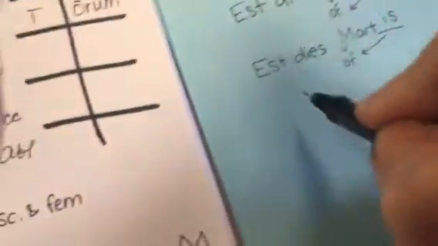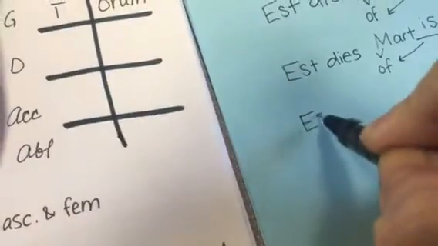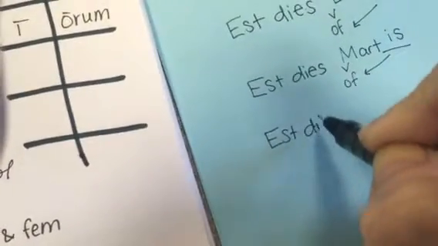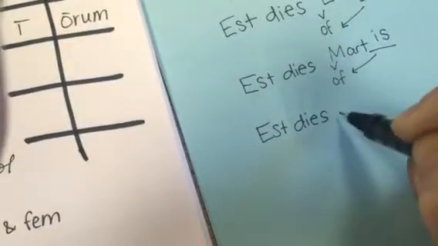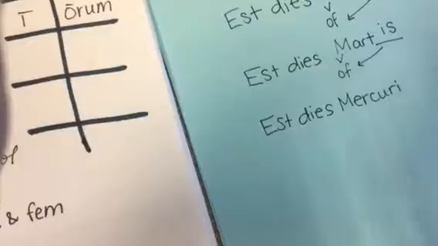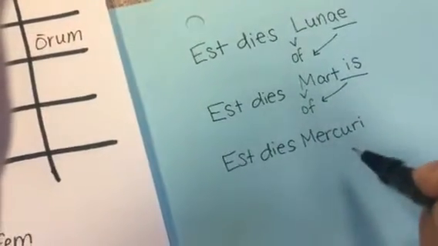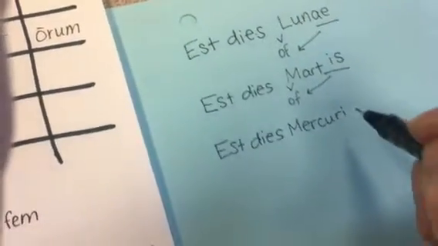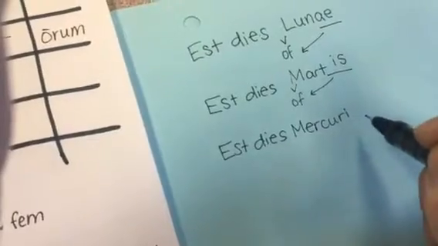Okay? And we'll do one more. If you want to say it is the day of Mercury, that's how you say Wednesday. Mercury is our stem. That's our basic word. And his name's usually Mercurius. So we're going to look for where the us would be.